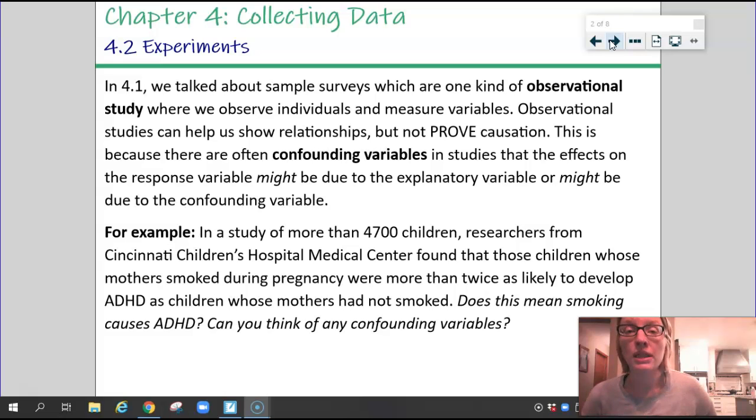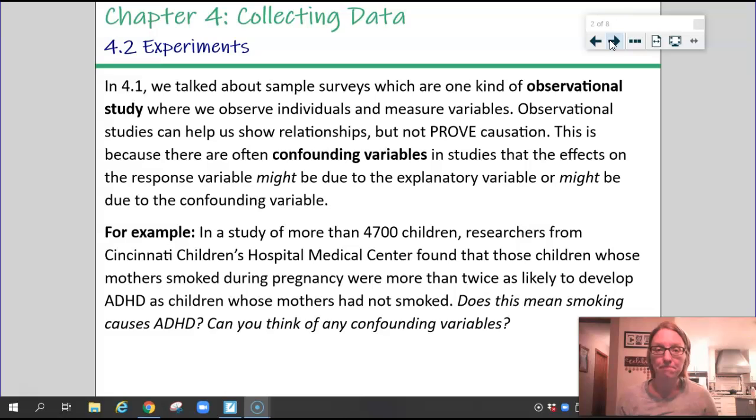Sure, they noticed a relationship, those who smoked during pregnancy were almost twice as likely to have children with ADHD, but because it was an observational study, it cannot directly prove cause and effect because, think about it, there are lots of other confounding variables at play here that can affect children after a pregnancy.